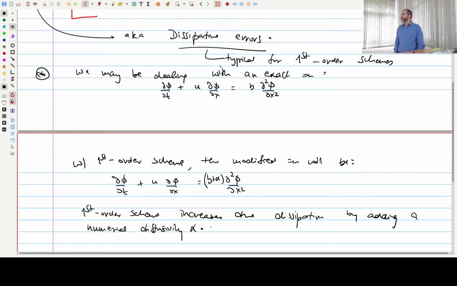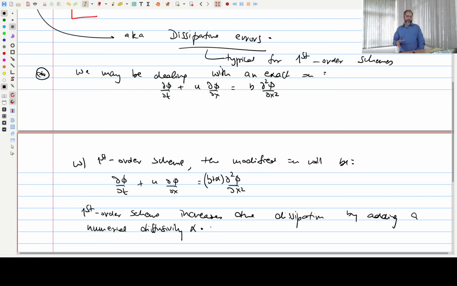Now it can happen that your alpha actually becomes larger than b, or it becomes of the order of b. And then we get a problem that your numerical diffusion is much larger than physical diffusion. So the solution that we get is sort of absurd in the sense that the actual physical diffusion that we should have had in the problem is now getting dominated by the numerical diffusivity. So the numerical diffusion, because of the scheme of your choice, starts dominating the diffusion term, and hence you get a diffusion which is much larger than what you should have expected.